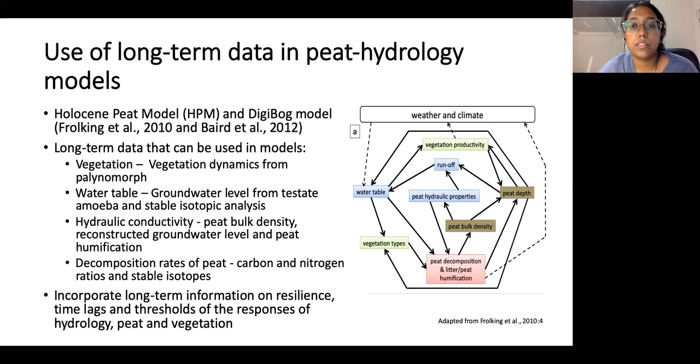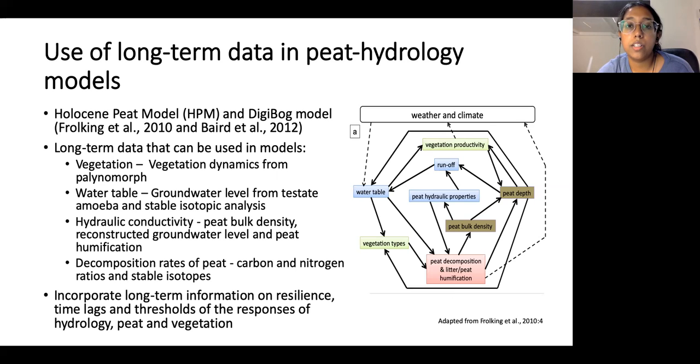I will briefly talk about the models. Basically, they are the same. They do think about the feedback between the different systems. They use a lot of different parameters to think about the different feedbacks, but the majority of these data sets are actually very recent. They use mainly instrumental data sets, so they couldn't really capture a lot of the different time scales of the different interactions and responses between the systems.